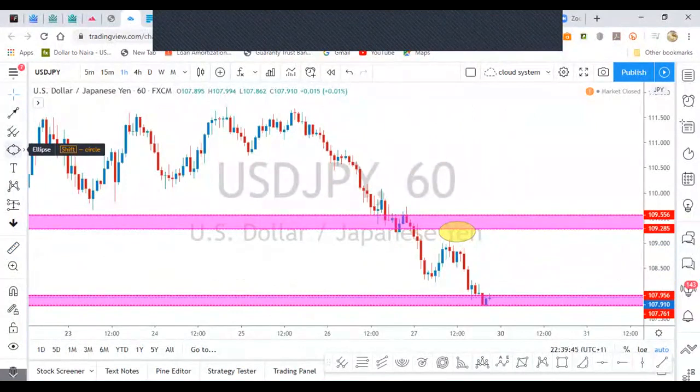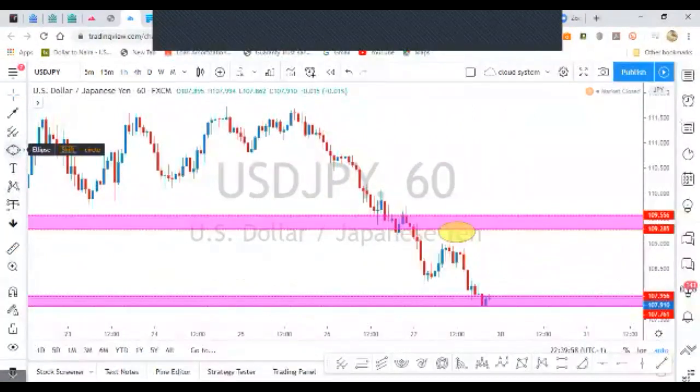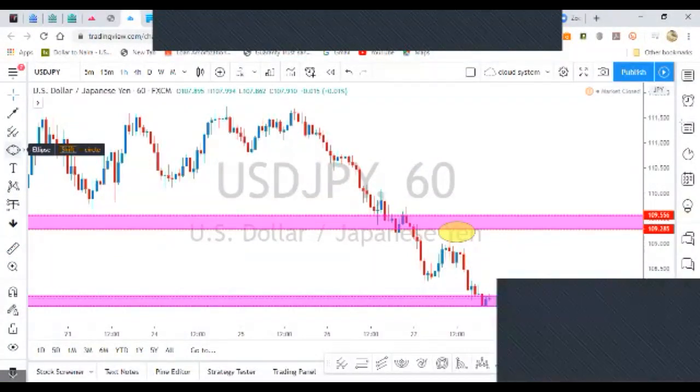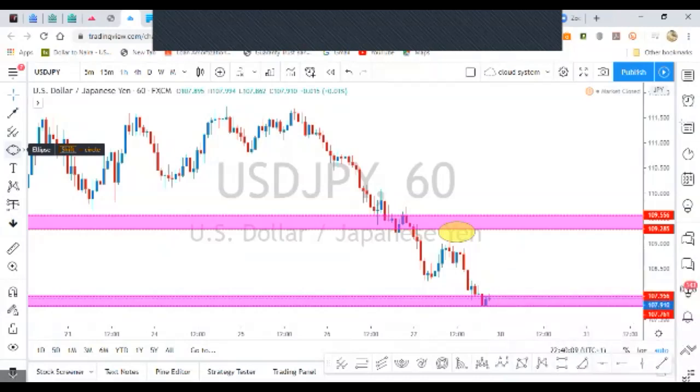Somebody called me earlier on. That's the advantage of reaching out to your coach and mentors. Somebody called me earlier in the day, and I told him, I'm going to sell, but I'm going to use a very small lot size so that I don't miss out on the possibility, because I see this thing going to sell properly.